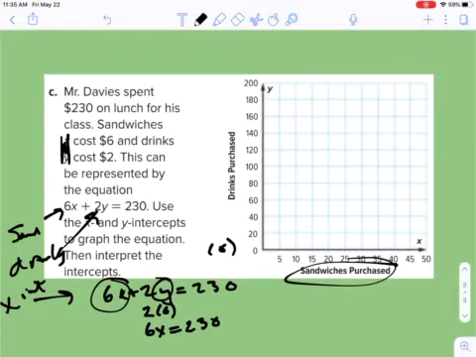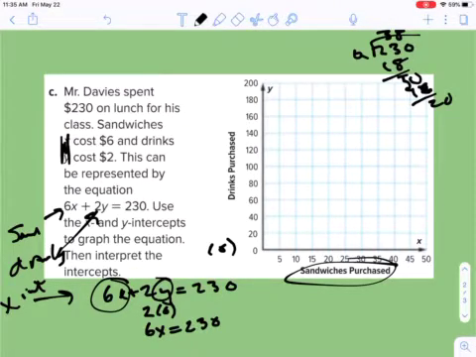So I'm going to divide 230 by 6, and I'm going to run out of room up here because I didn't move this. So he's going to be able to get 30-some sandwiches. So 18, 50, so 38 sandwiches, you get 2.